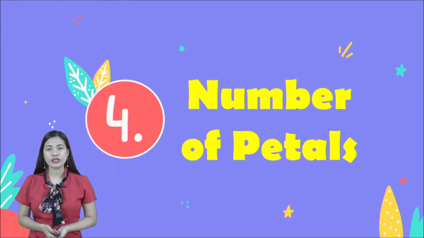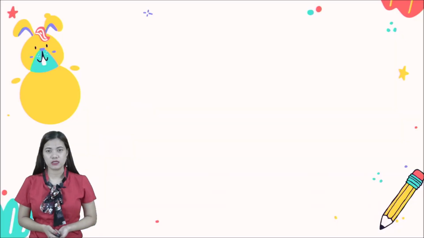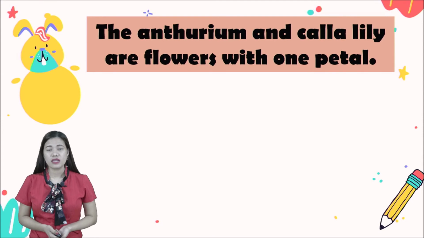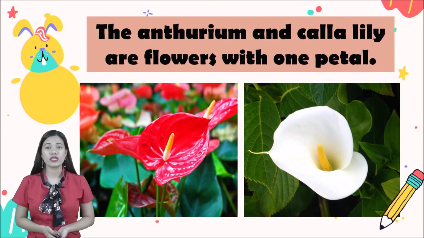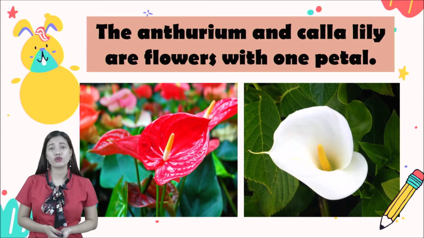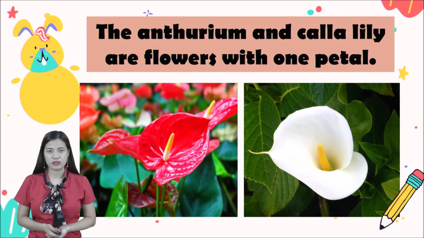Okay, let us learn how flowers differ in their number of petals. The anthurium and calla lily flowers have one petal only. As you can see on our monitor, they have only one petal.